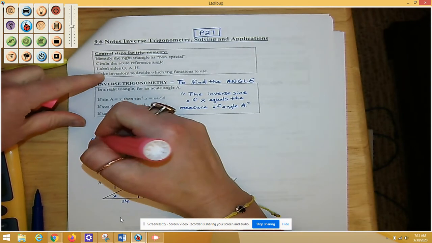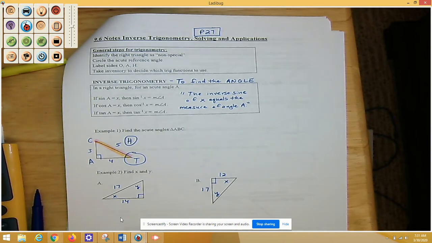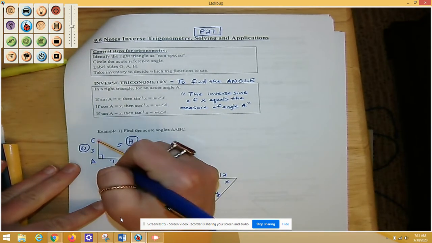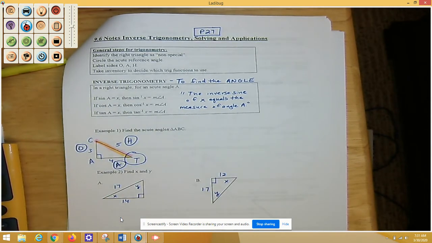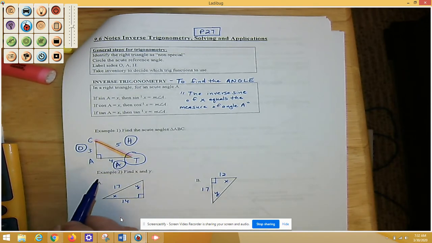All right, and then the side opposite that would be the CA. This is opposite. And then this is my adjacent. So the 4 is the adjacent side. And what I would like to do now is decide which trig function I would like to use. Now, if you look here, I have information about everything. So I could use any trig function that I wanted because I have the information about the hypotenuse, the opposite, and the adjacent.